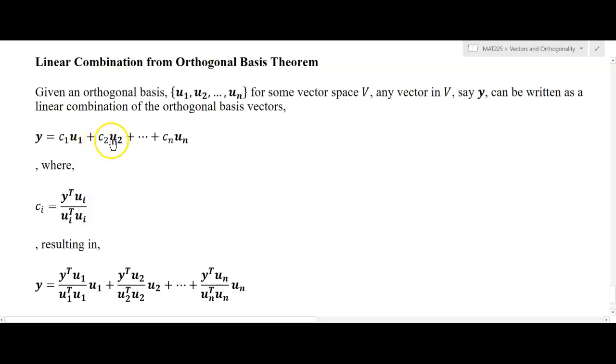We know that they are going to be linearly independent, so you could generate any vector you want out of them. Now, to find c1, c2, and so on, normally we would say y equals c1 times this vector plus all the way up to cn times this vector, and then we would form a Gaussian matrix and reduce it.